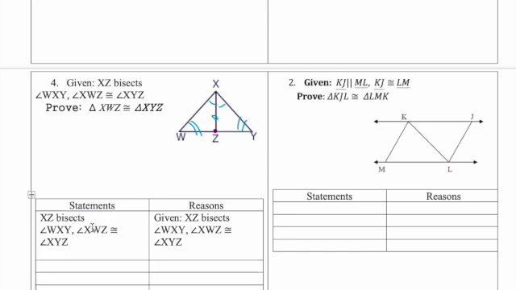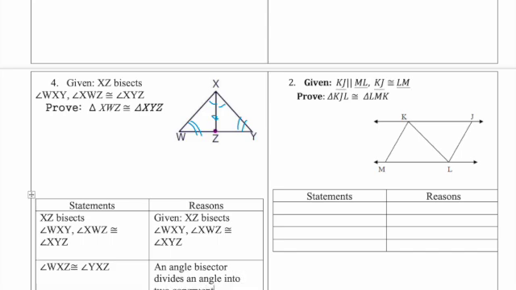Okay, and from there we said angle WXZ is congruent to angle YXZ, and the reason for that is an angle bisector divides an angle into two congruent angles or parts. Okay, it doesn't matter.